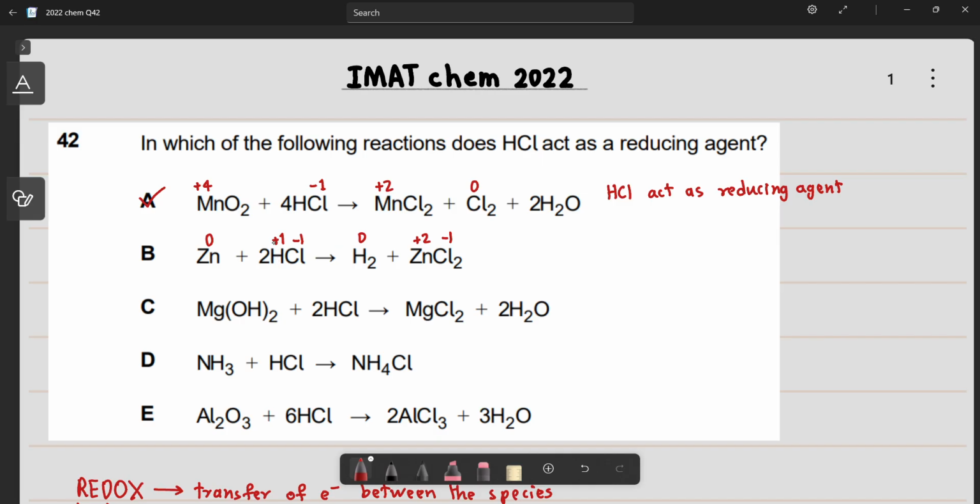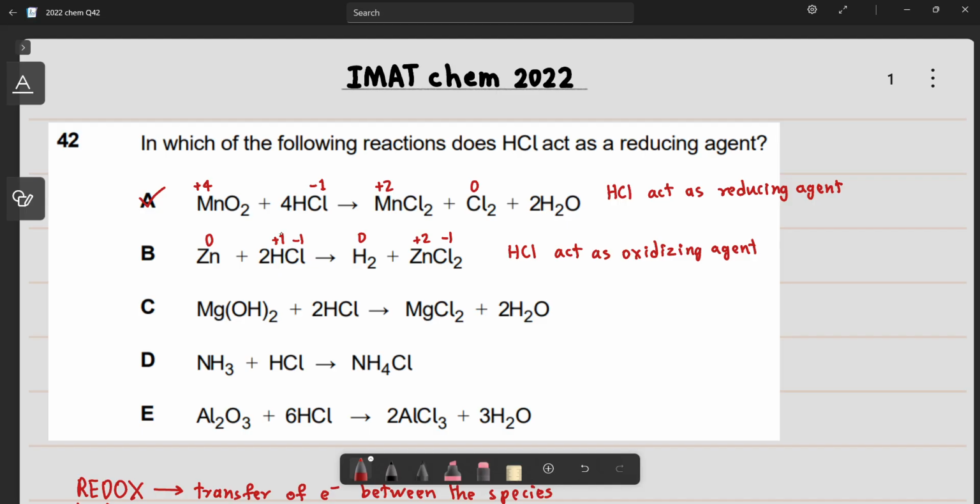It turns from +1 to 0, and so therefore HCl in this reaction acts as an oxidizing agent, because hydrogen in HCl goes from +1 to 0 in the hydrogen gas molecule.